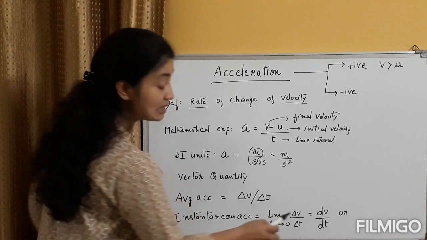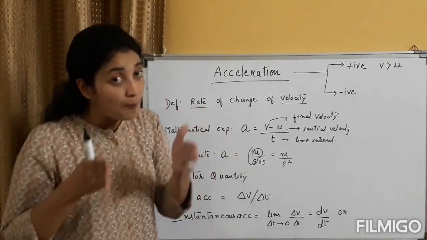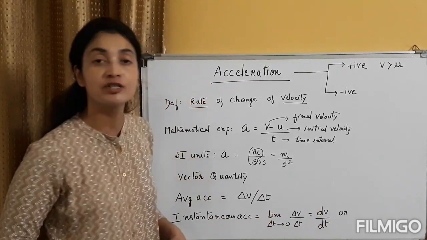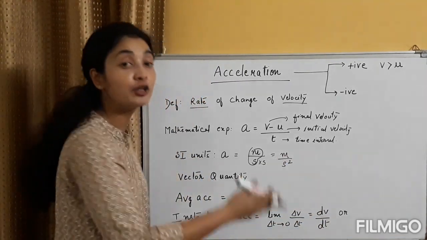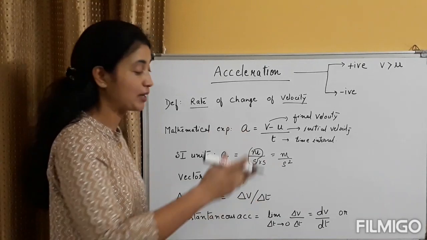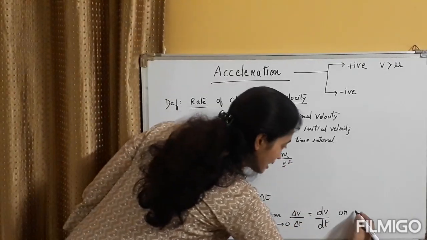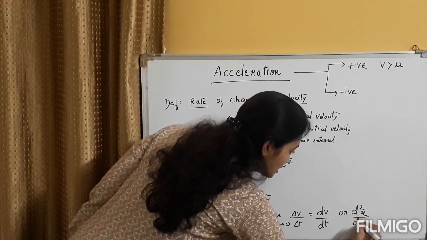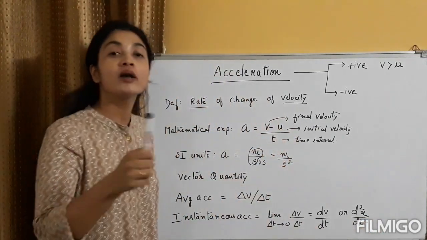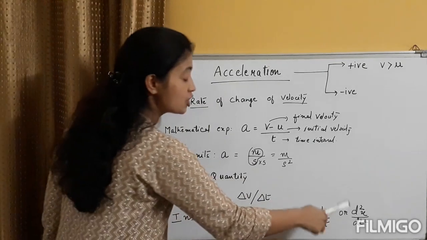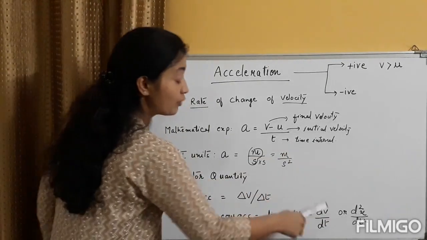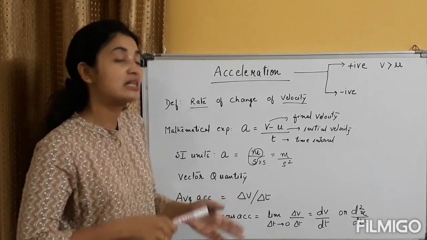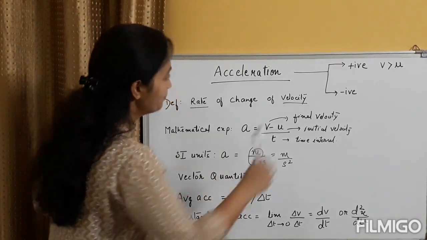So big change in v upon big change in t becomes small change in v upon small change in t: dv by dt, the rate of change of velocity with respect to time, or we can write it as d square x upon dt square. Second order differentiation of position with respect to time, because velocity is already dx by dt and differentiation of velocity is d square x by dt square.